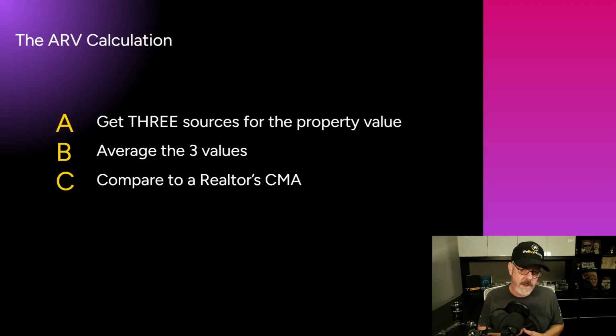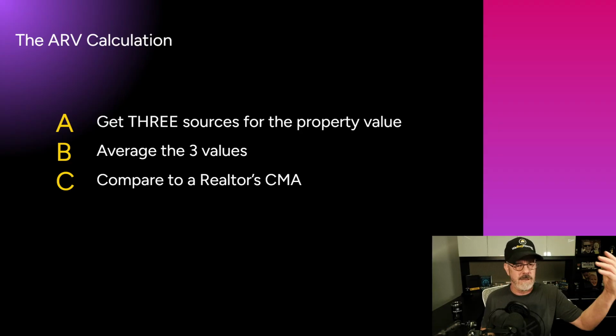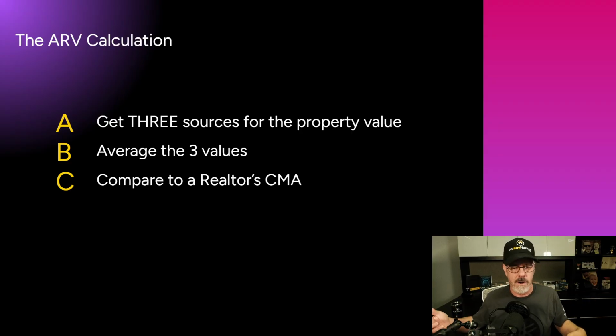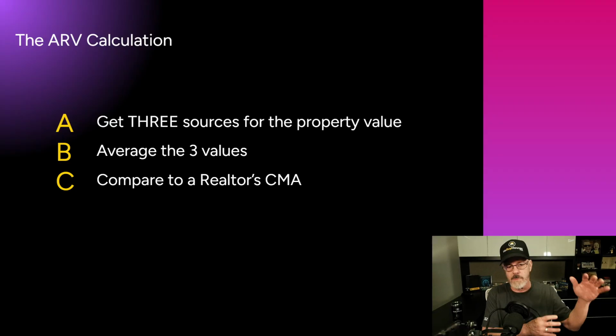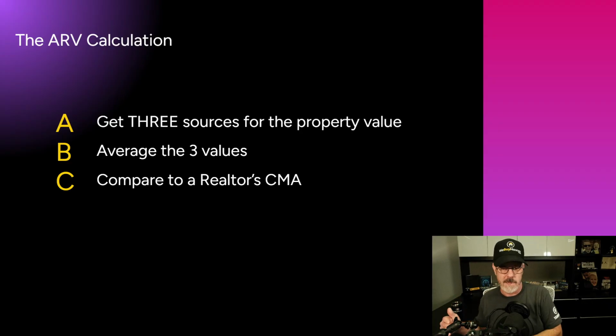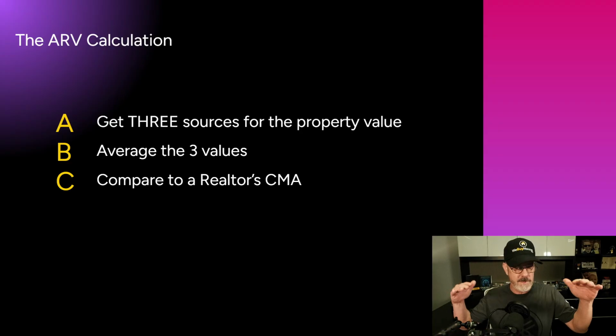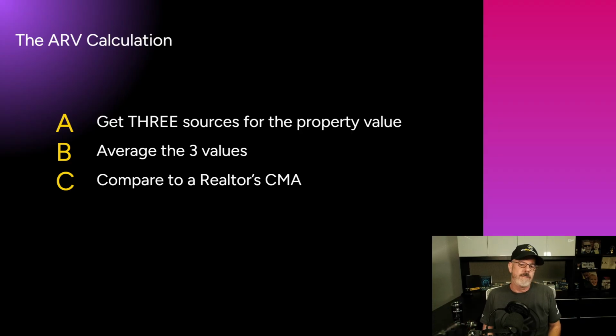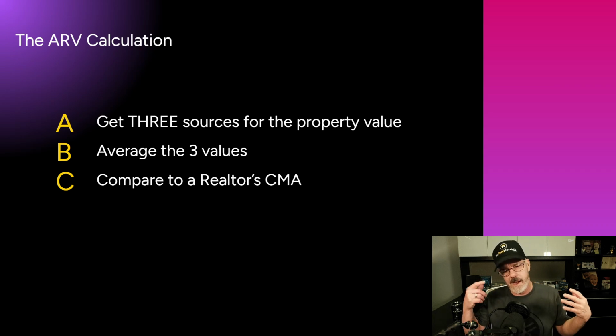Now, in your market, I've noticed it's about 50-50. About half the markets are not seeing declines in value, and about half of them are. One of the things that we are definitely seeing is that higher priced markets are seeing a quicker decline in value than lower priced markets. And so, the average price of a home kind of thing. And so what we're going to look at when we do the ARV calculation here in a moment is 4 values.